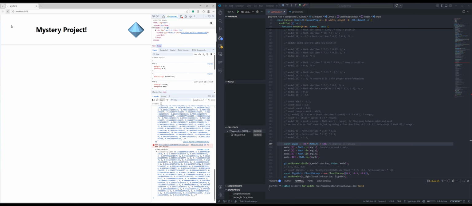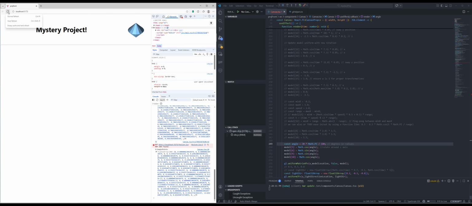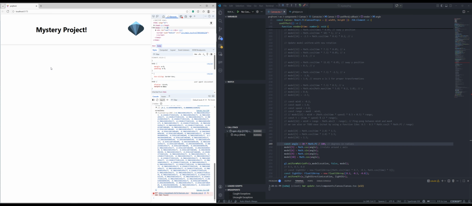Will it move towards us? And right now it looks like a diamond. It moves towards us. But if we put a positive sign here, it moves away from us. So apparently we can manipulate the angle by giving minus here.